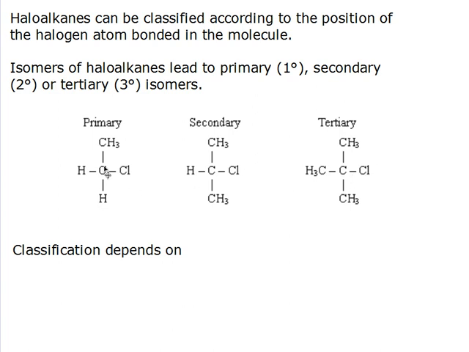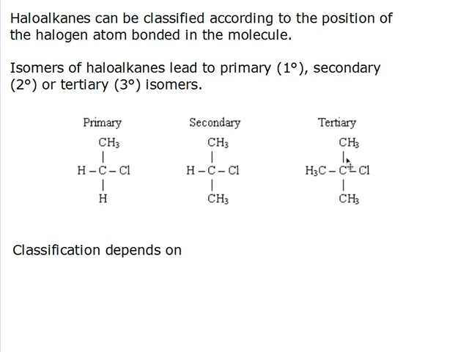Now in the primary, you see the carbon that the chlorine is bonded to has 2 hydrogens directly attached to it. So if it has 2 or 3 hydrogens directly attached to that carbon, then it's going to be a primary haloalkane. When that carbon bonded to the chlorine atom has only 1 hydrogen attached, then it's a secondary haloalkane.